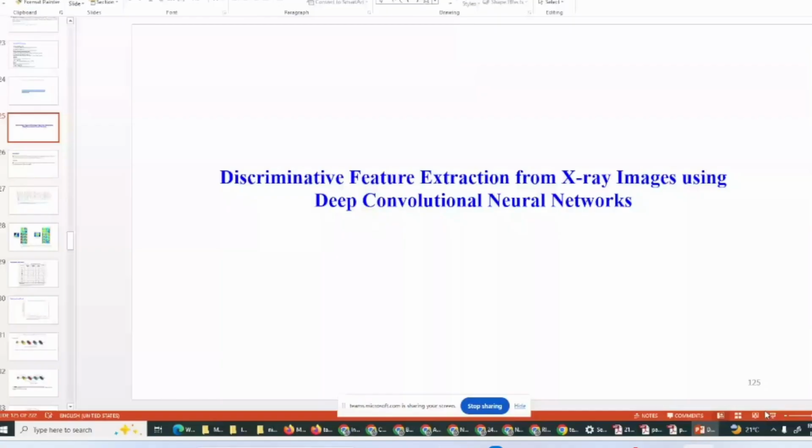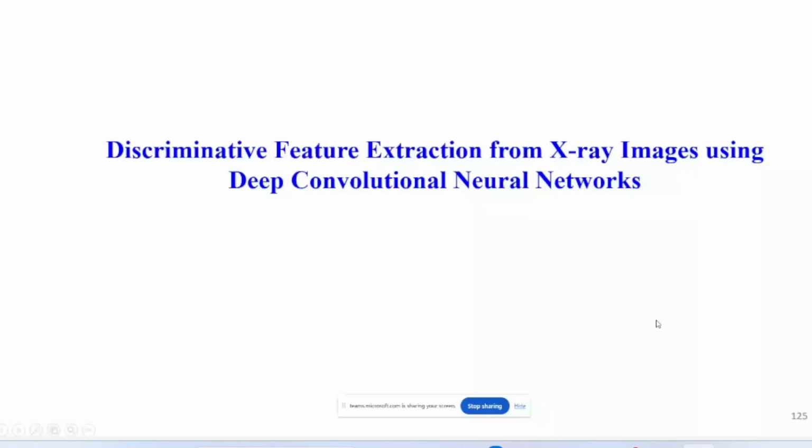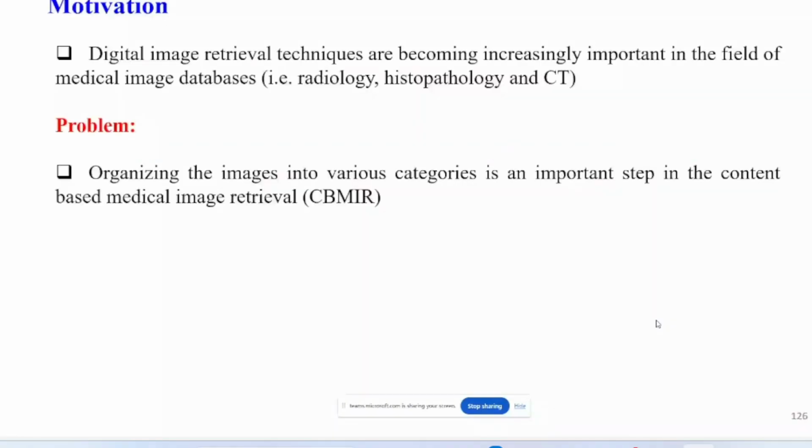Yes, sir. We take X-ray images and apply this convolutional classification mechanism on these X-ray images. That is a dataset related to different body organs. So based on the body organs, we can classify the given X-ray image data.